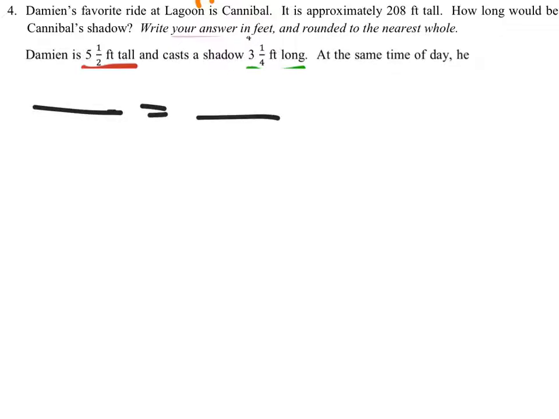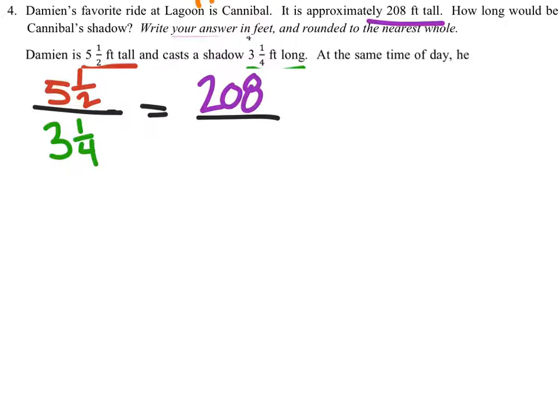So again, we got Damien's actual height, which is 5.5 feet tall, and his shadow length, which is 3 1/4 feet. And the approximate height of Cannibal is showing at 208 feet tall, so I'll fill this in. That's the actual height. What we want is the shadow length of Cannibal on this one.